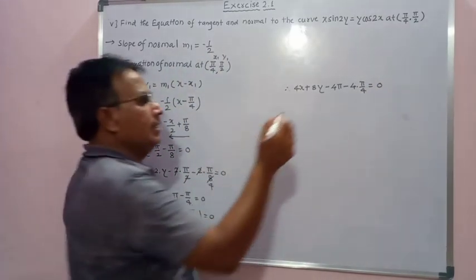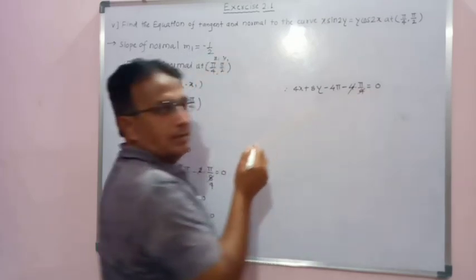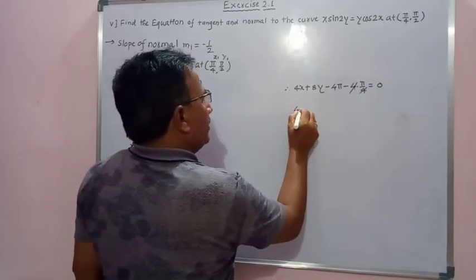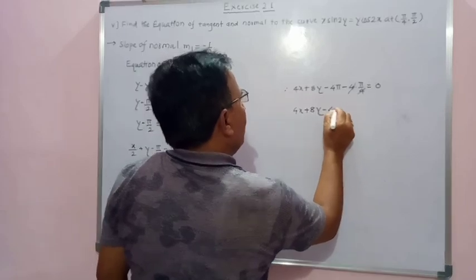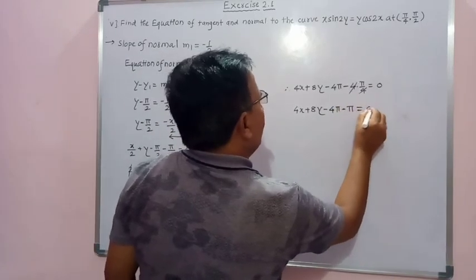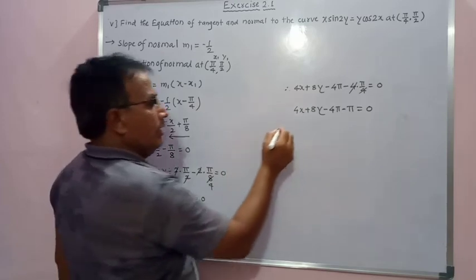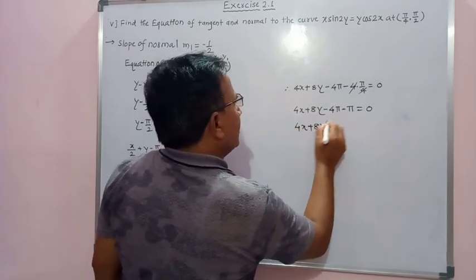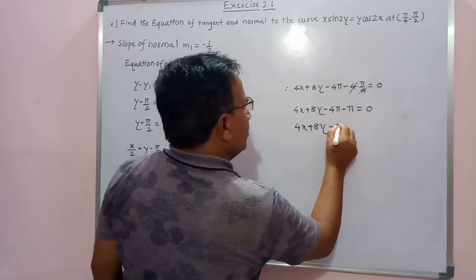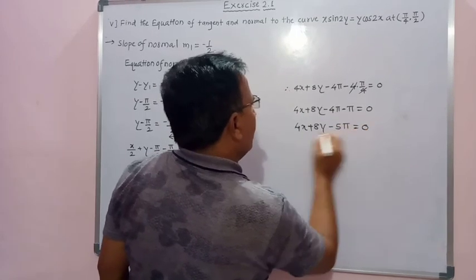Therefore, this 4 and this 4 are cancelled. Therefore, 4x plus 8y minus 4 pi minus pi equals 0. This addition is 4x plus 8y minus 4 pi minus pi. This addition gives minus 5 pi, equals 0.